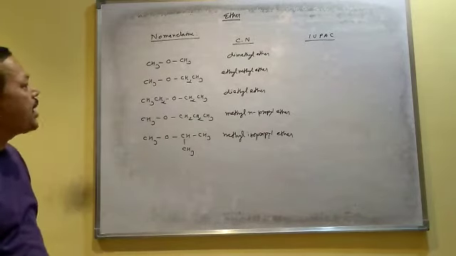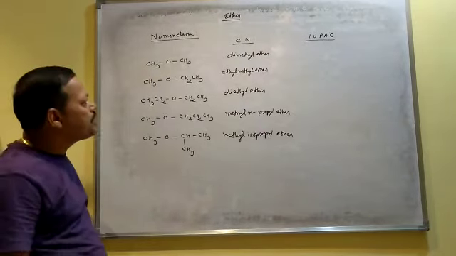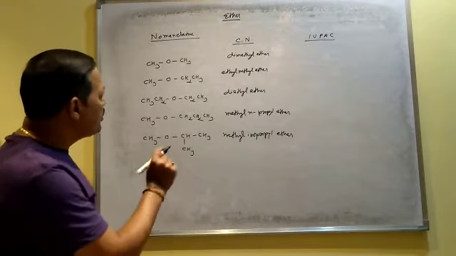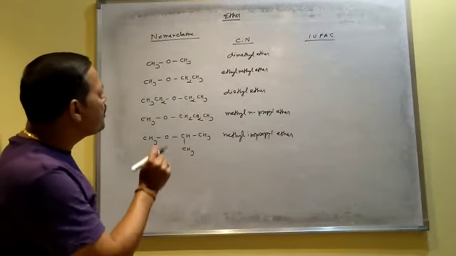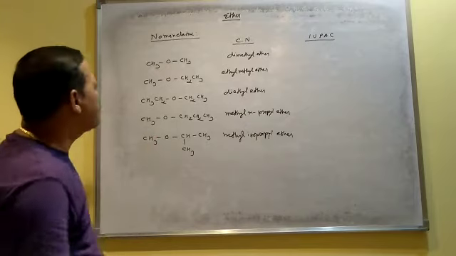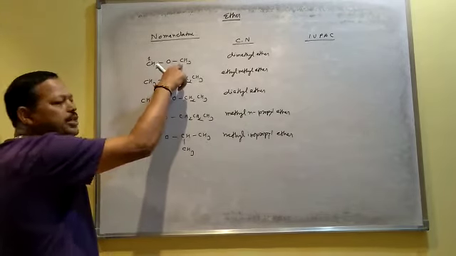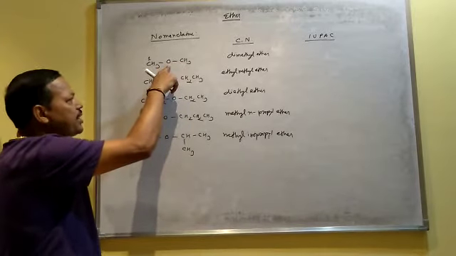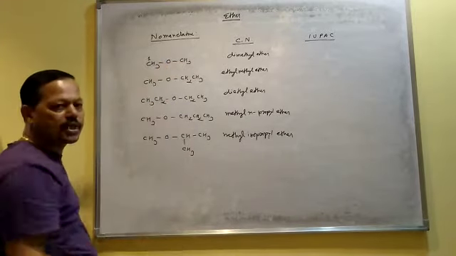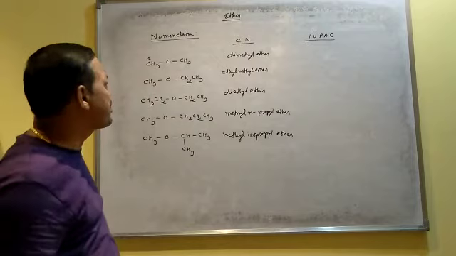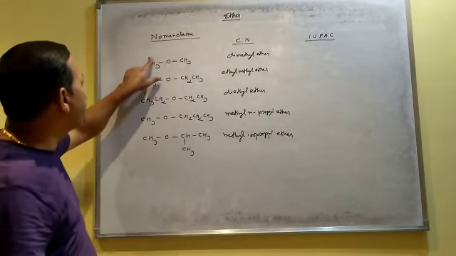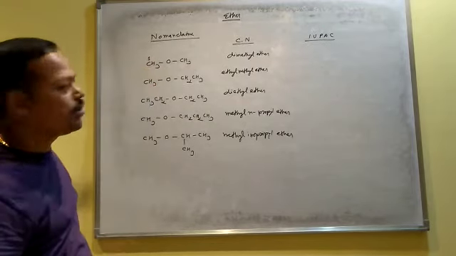Now, how to write the IUPAC name? When you write the IUPAC naming of ether, you will get some complexity in the numbering of carbon. When you consider this one as number 1, you cannot consider this one as number 2, because oxygen is present in the middle position. You cannot cross the oxygen. Carbon should be directly bonded with each other. So when you do numbering, here you will get only one carbon.